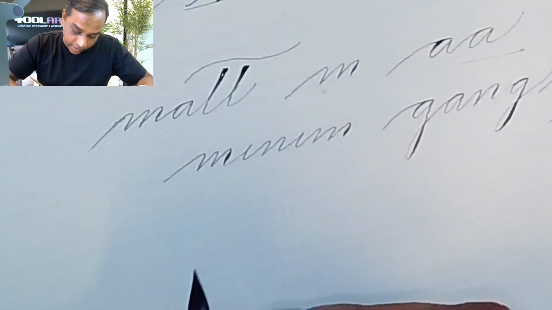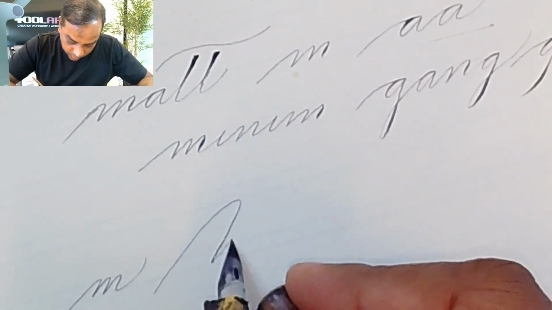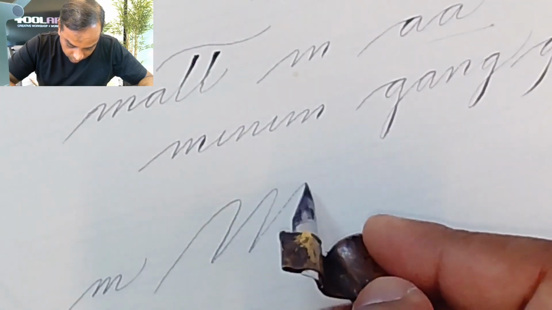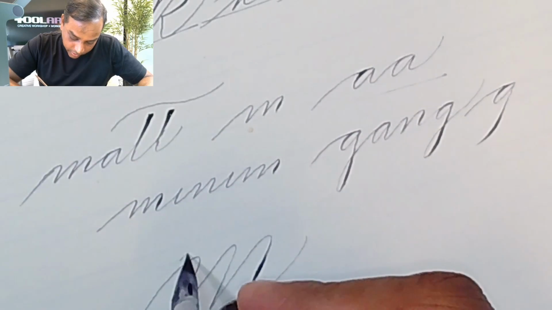M is a very interesting letter form, and you need to pay attention to some of the curves over here. So this is letter M. If you see it at a big size, you start with an over curve, you come down, same as I, and you stop here, and then you go up again, and then you add shade if you want. One thing you really need to focus on is this curve.